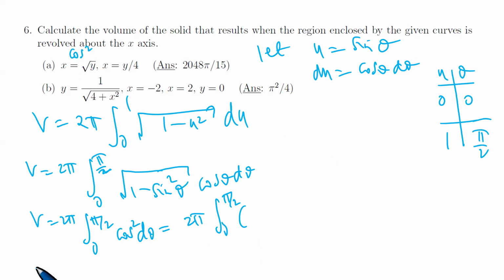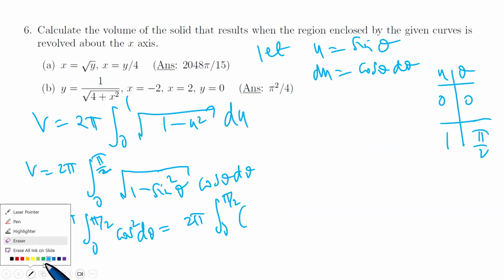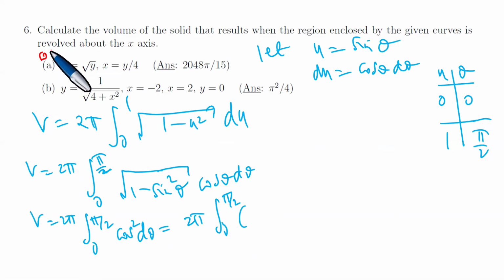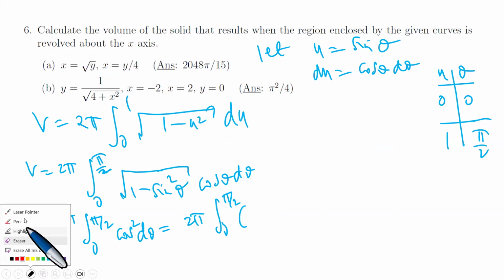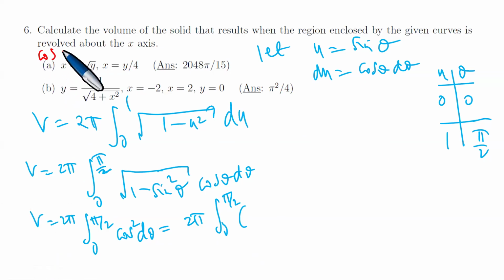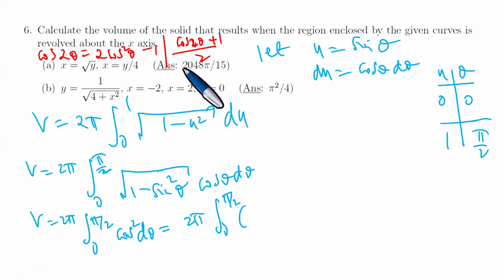Cosine squared, from high school, the double angle formula. Cosine 2 theta is 2 cosine squared theta minus 1. Then cosine squared theta becomes (cosine 2 theta plus 1) over 2.